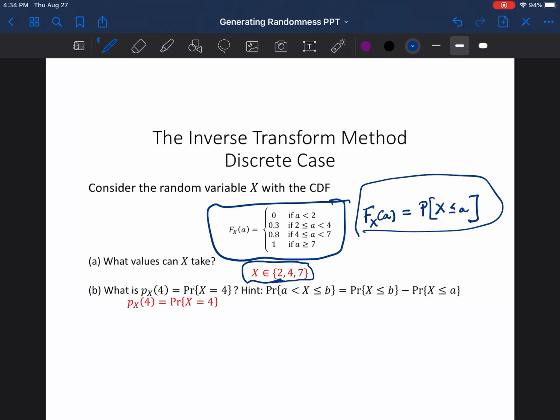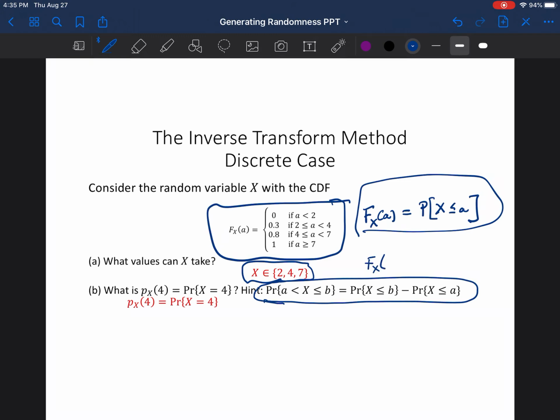Okay, so what is the probability that X is actually equal to 4? To calculate that, we're going to use the probability that X is in an interval. Remember, we saw this in the probability review.